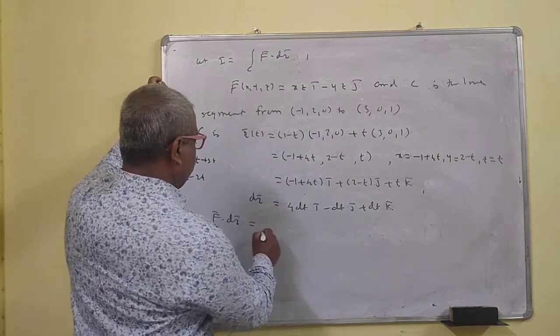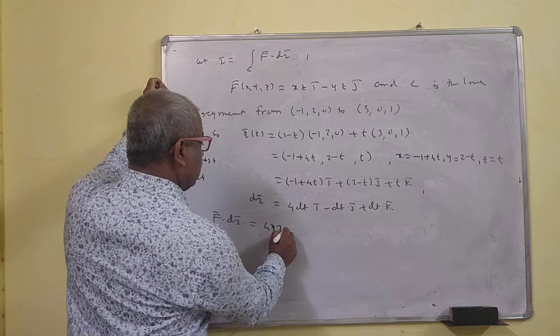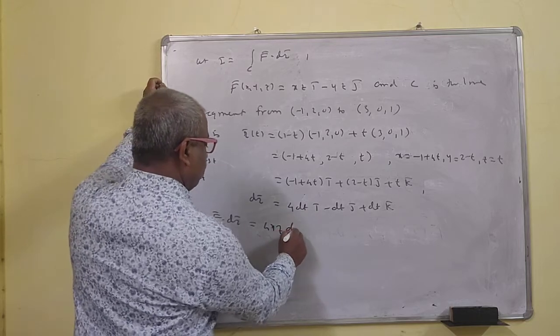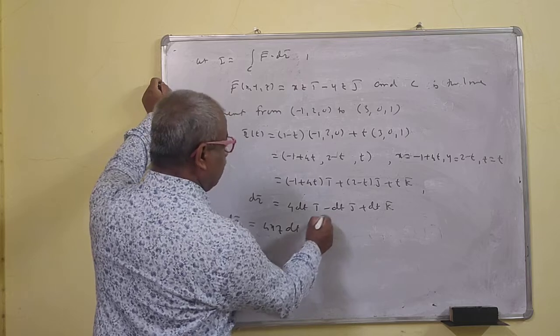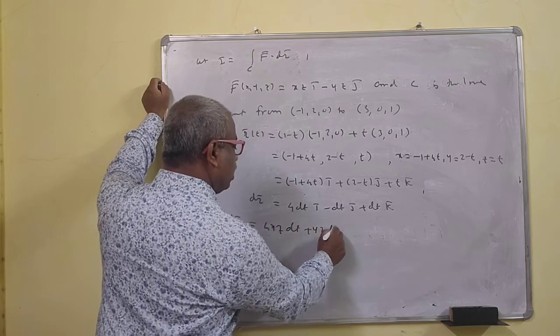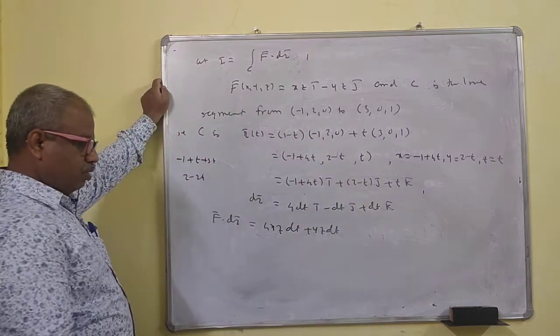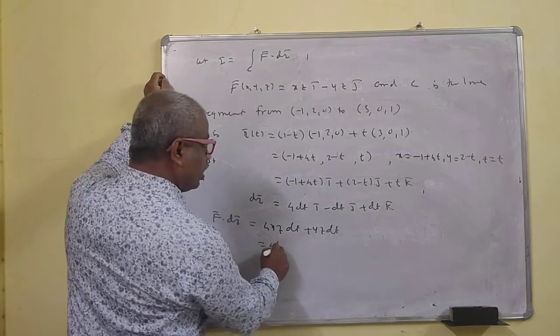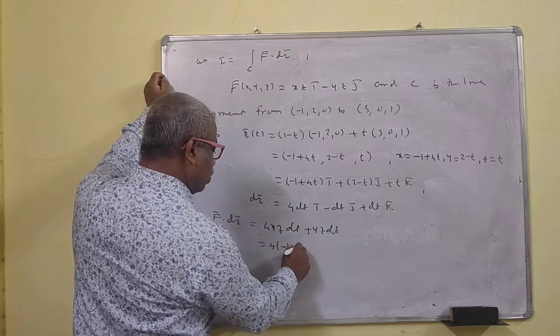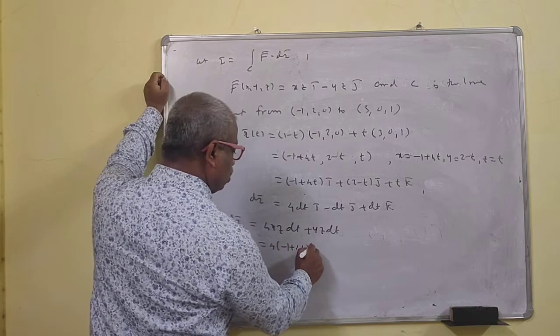Okay, so xz times 4 dt, minus yz, so minus becomes plus, plus yz dt. Okay, so this is 0. So we'll put 4xz. Your x is what? Minus 1 plus 4t. Your z is t only.